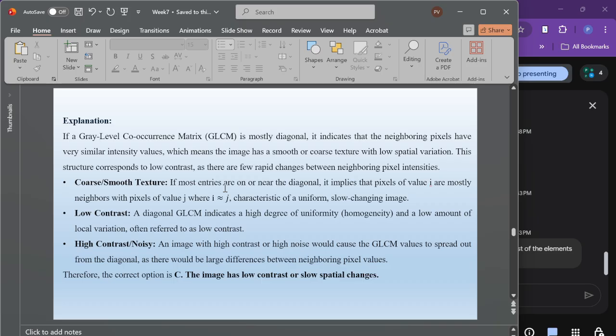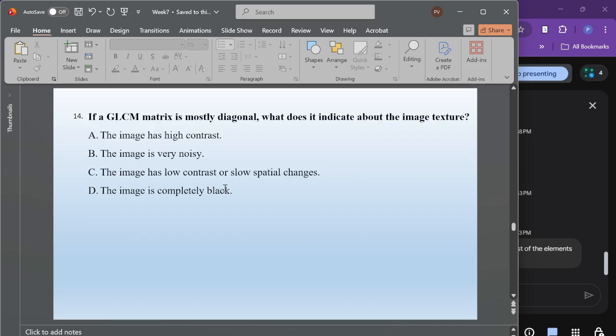The correct option is that the image has low contrast and slow spatial changes. Okay, that is right. I hope you have understood this question.